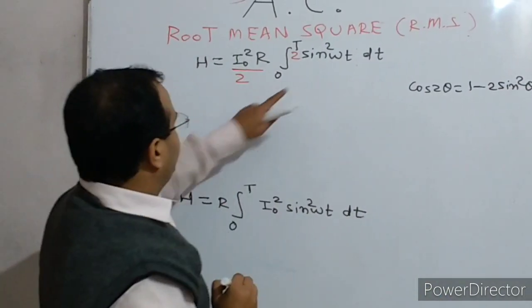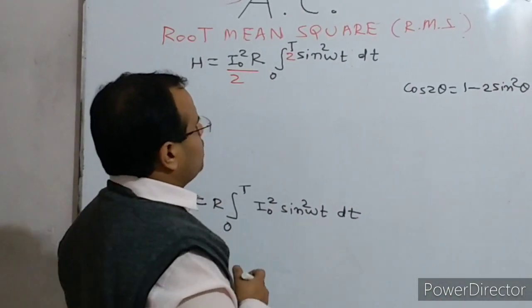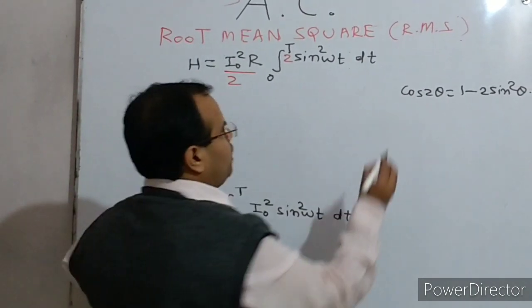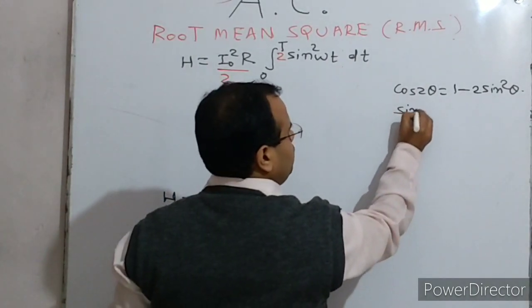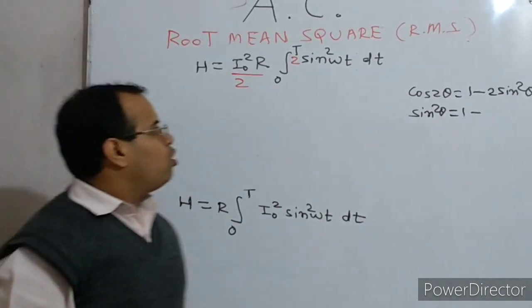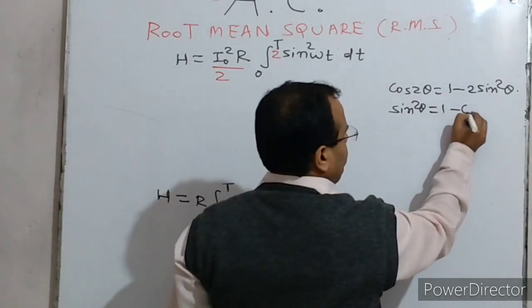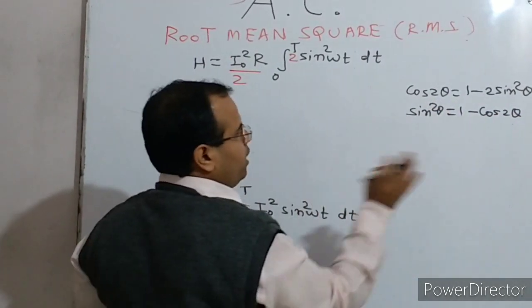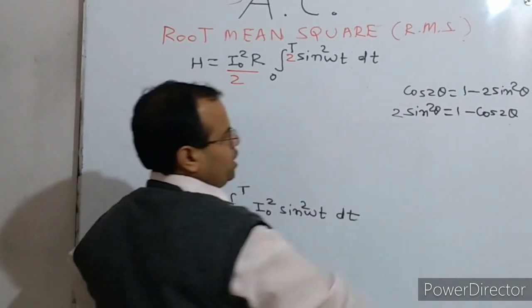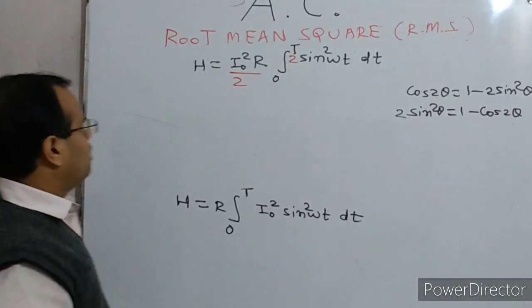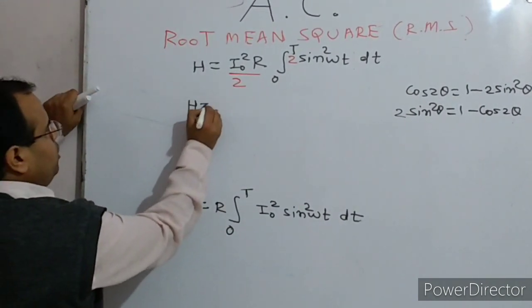So if we have to find sine square omega t, we can find it as sine square theta is equal to 1 minus cos 2 theta by 2, but we are directly finding 2 sine square theta.